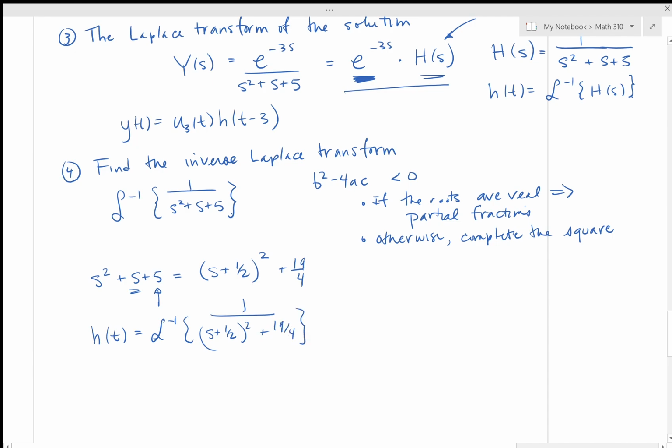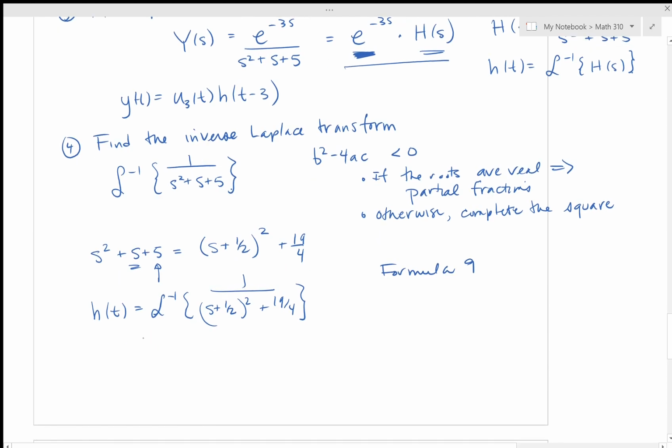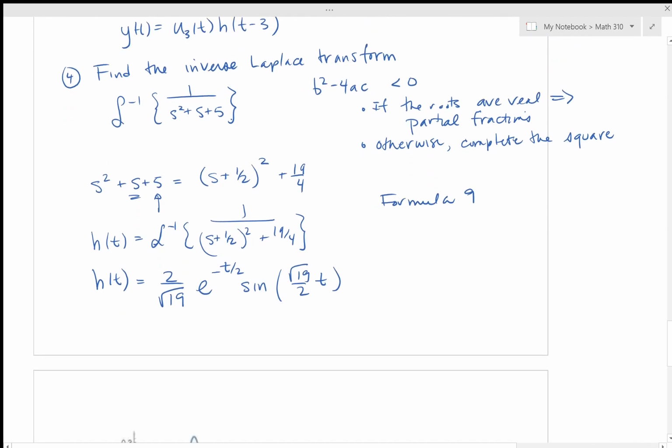I'm basically being guided by formula 9 in our table, and that is going to be equal to 2 over root 19 e to the minus t over 2 sine square root 19 over 2 t. Okay, so that is what h of t is.